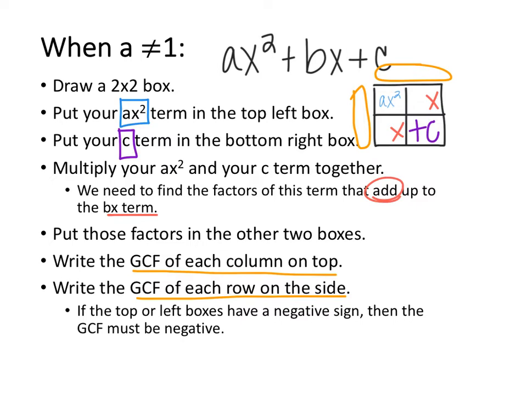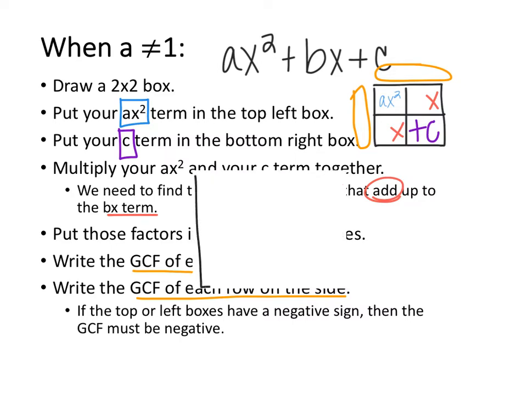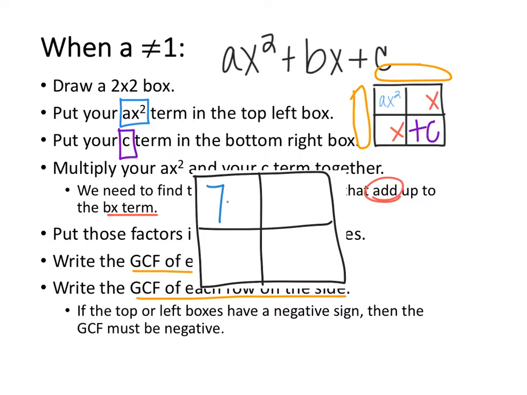Let's look at example one. We have 7m squared plus 6m minus 1. First thing, we're going to draw that 2x2 box. After I have my 2x2 box, we're going to put our 7m squared in the top left and our minus 1 in the bottom right.